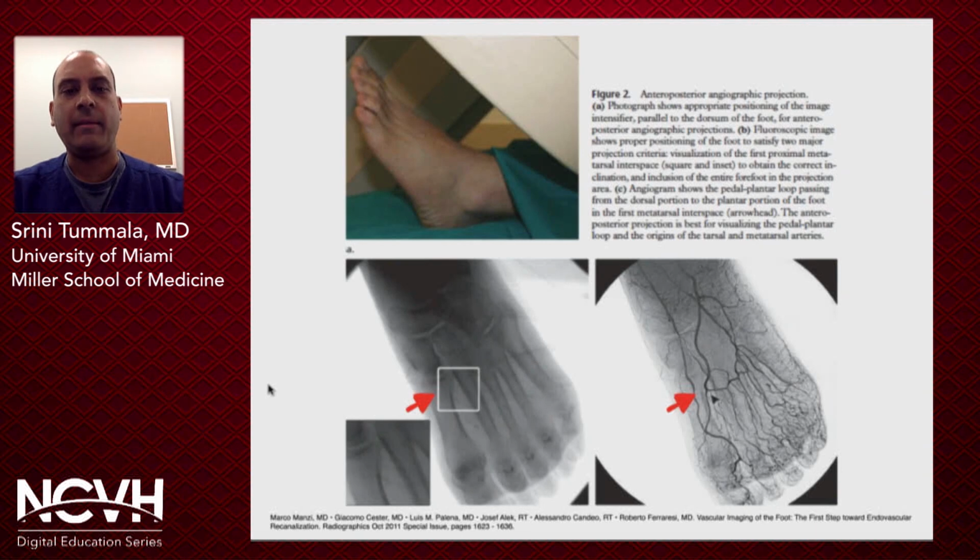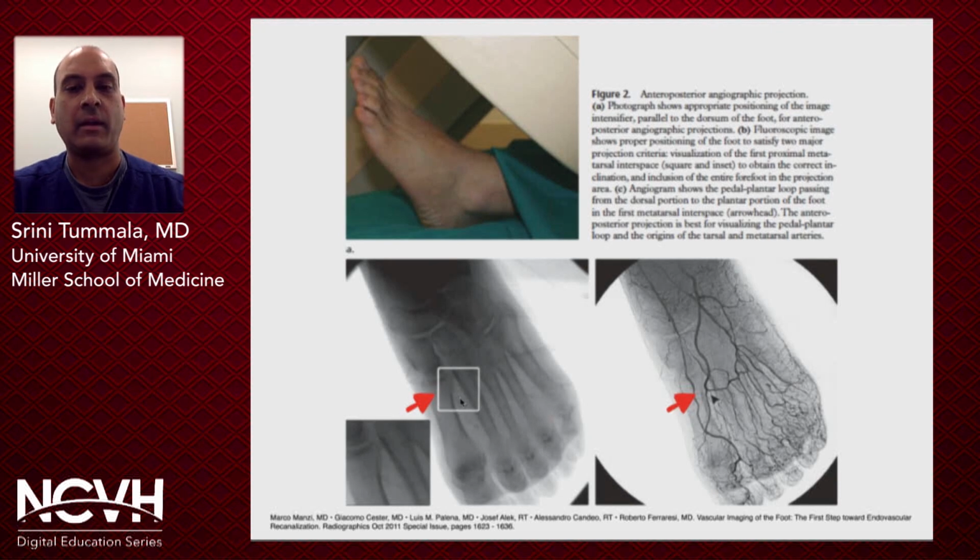So what's the best way to image the foot vessels? Well, this is a great article from Dr. Manzi and his crew from Radiographics in 2011. And what you can see, it basically looks like a foot x-ray. You're optimizing the II to look at the foot in parallel, and you want to make sure that all the toes are separated and open. And again, you want to look at this first space here between the first and second metatarsal.